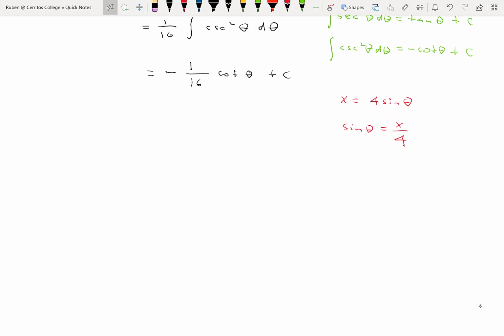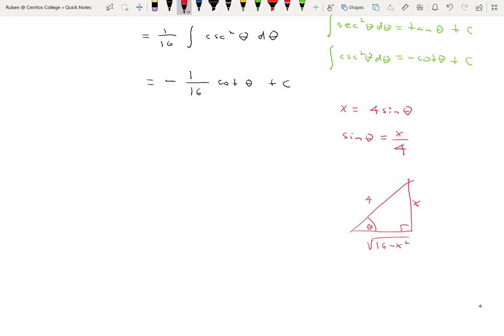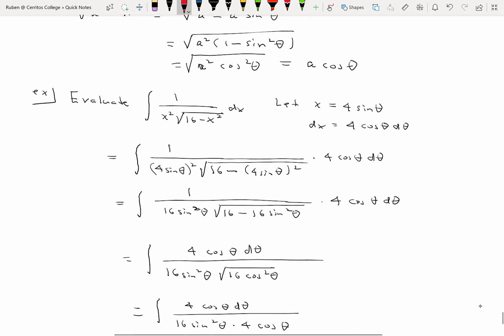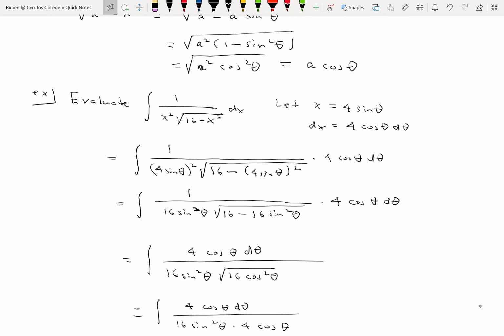Well, we do that the same way we did in our introductory example. We draw a little right triangle, put the angle theta in the lower left-hand corner. Sine is opposite over hypotenuse. The Pythagorean theorem will give you square root of 16 minus x squared for the remaining side. By the way, in these little triangles, the remaining side is always the square root that was in the original problem. Notice in the original problem, we had the square root of 16 minus x squared.